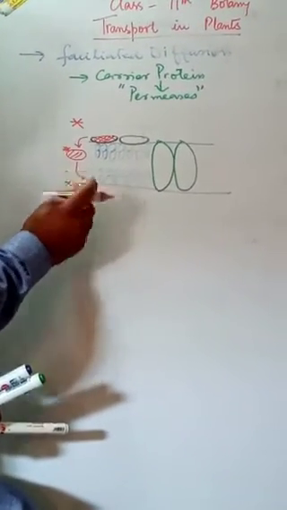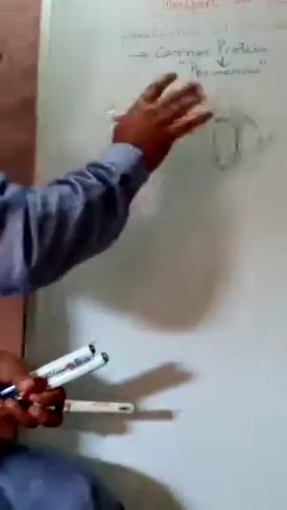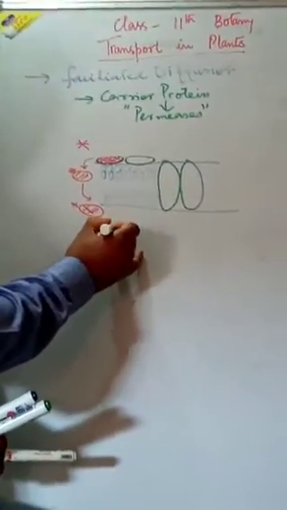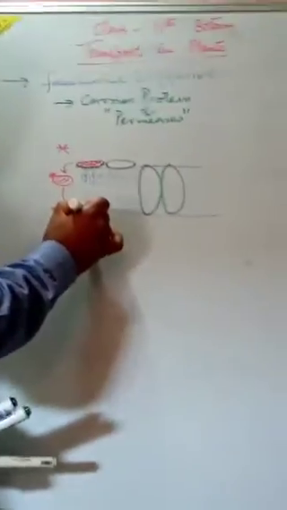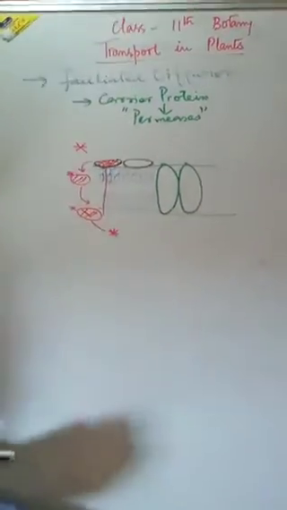After this, when it reaches the inner side of this permeable membrane, the molecule is released there, and then this protein moves back to its original position. So we can say this is facilitated diffusion.